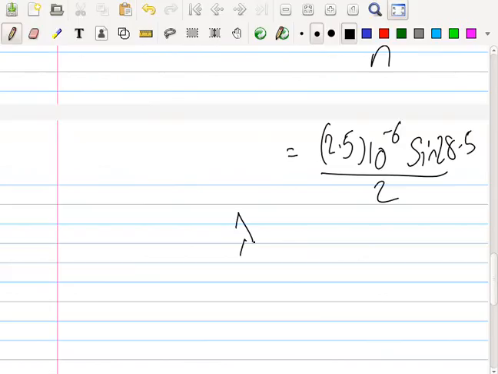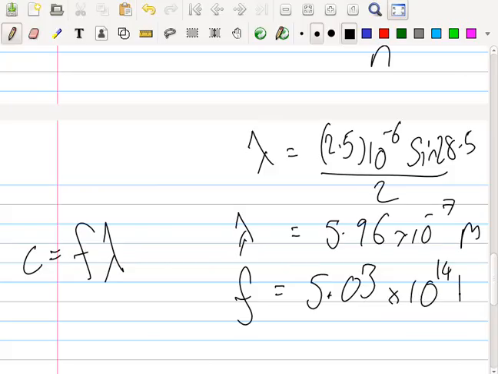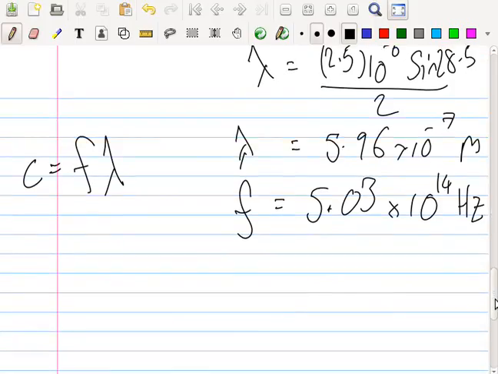So lambda equals 5.96 times 10 to the minus 7 meters. And then using our c equals f lambda, I can get the f is 5.03 times 10 to the 14 hertz. Wants the frequency as well? He wants the actual frequency, not the lambda, yeah.